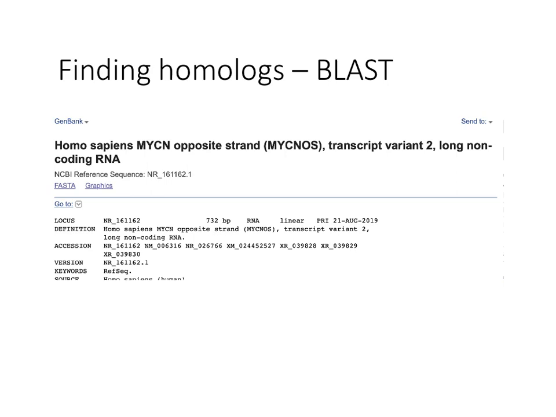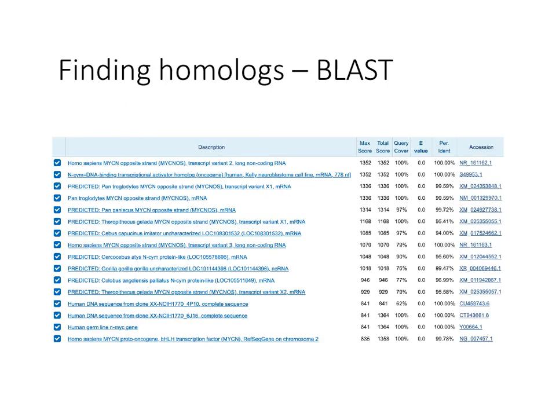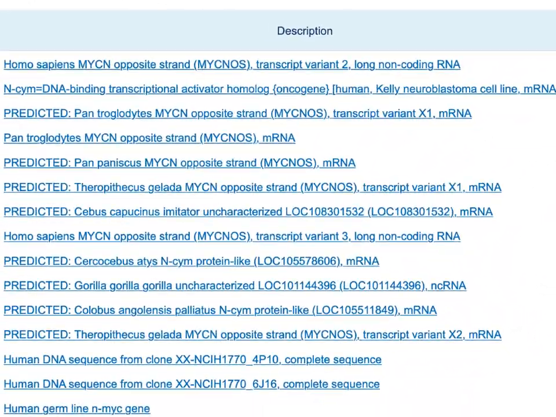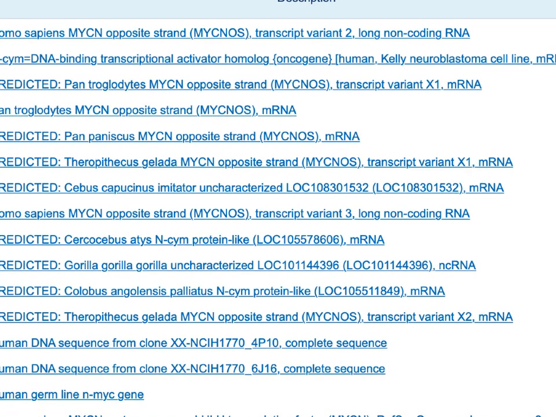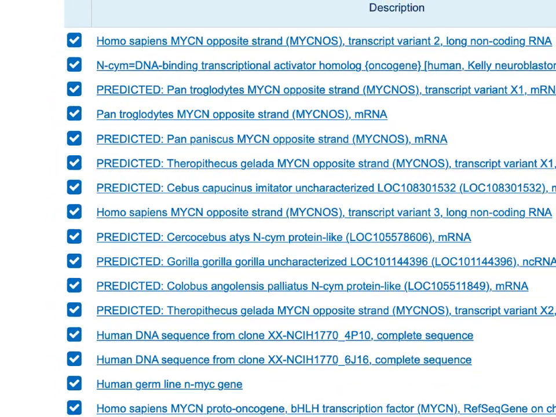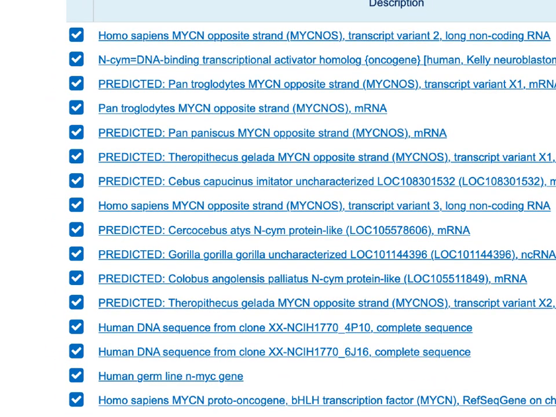But to come up with this paper where they said we found evidence of it in chimpanzees and, what was it, pygmy chimpanzees too? And bonobos. So here are the top BLAST results. What species are they in? We've got human, top down, human.